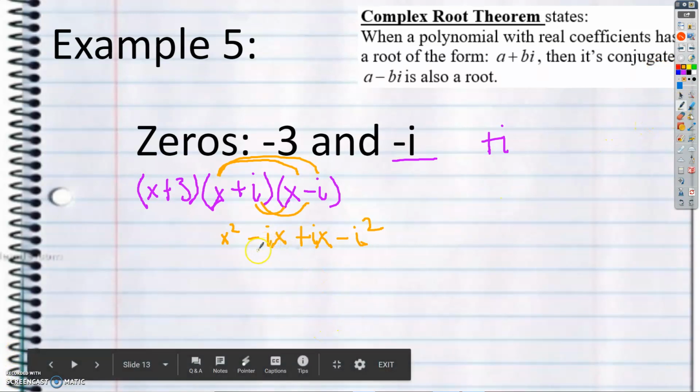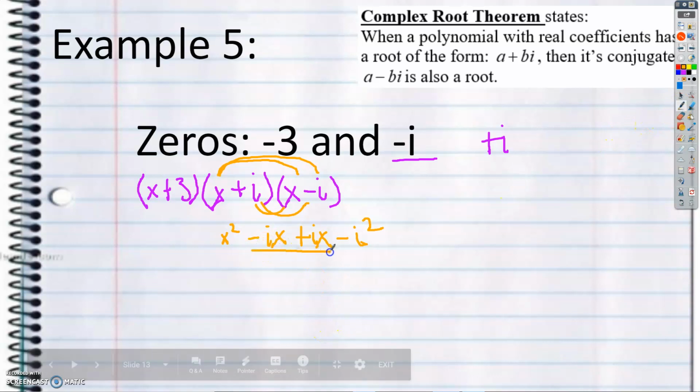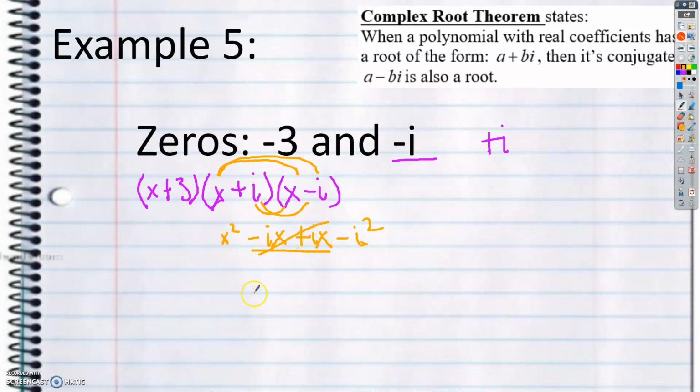Now I'm going to combine my like terms. So I can combine these because these both have x's, negative ix plus ix. Those cancel. So I have x squared minus i squared. And anytime you have i squared, that's going to equal a negative 1.